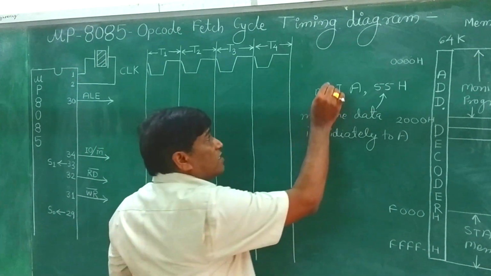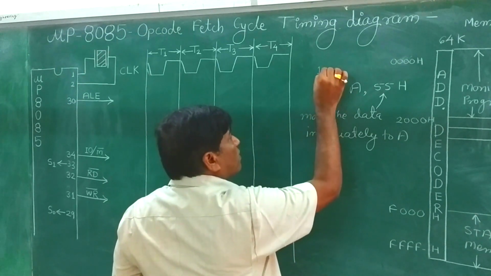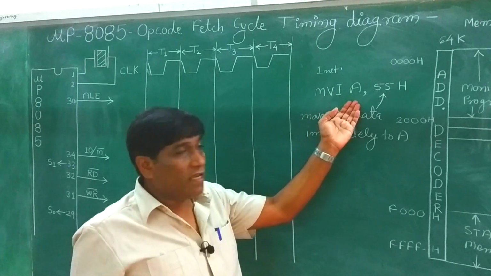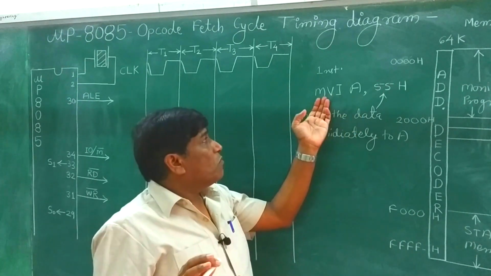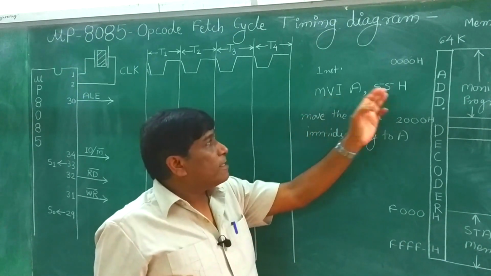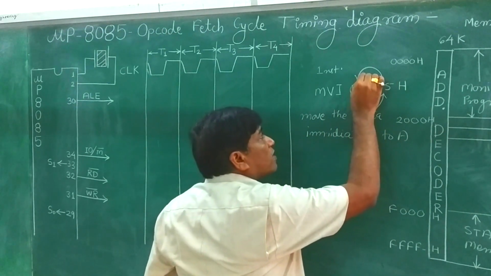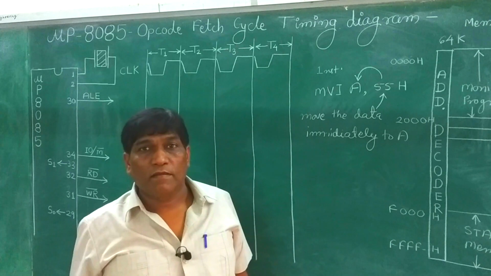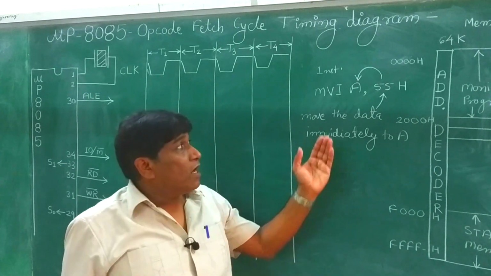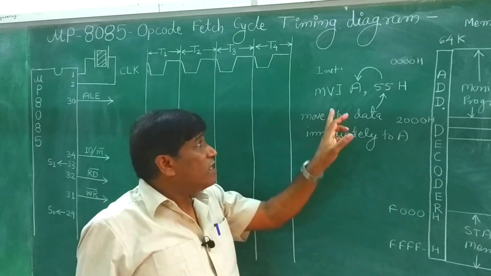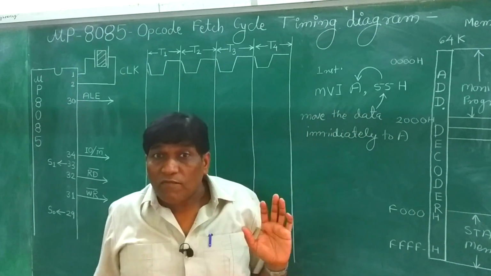What is this? This is an instruction, for our understanding, MVI A. What does this instruction do? Move immediately the next data to the accumulator. This data is to be moved to the accumulator. This is the instruction. And how will the machine understand this? The machine will not understand this English-like language.